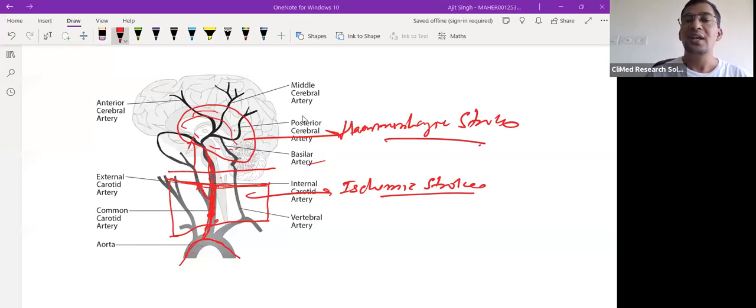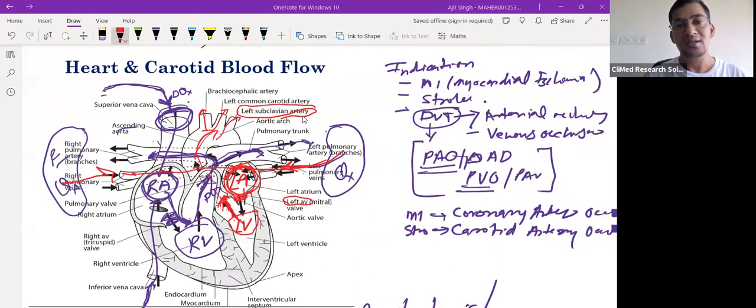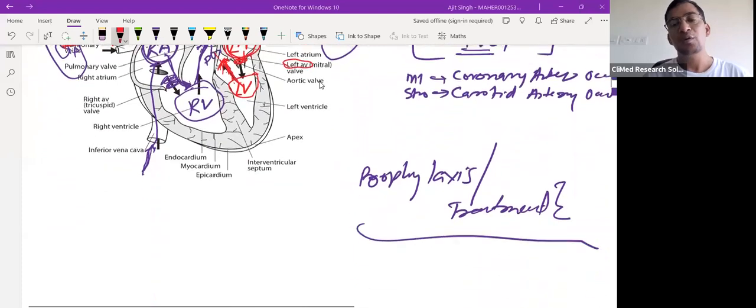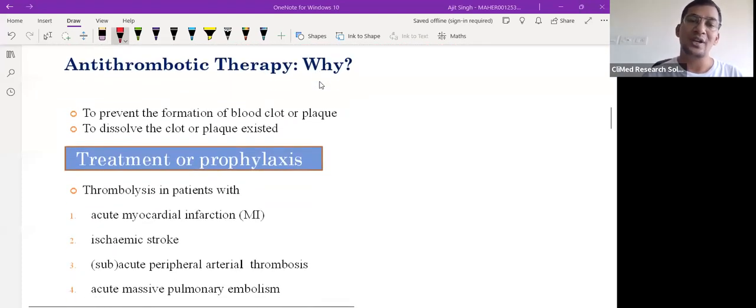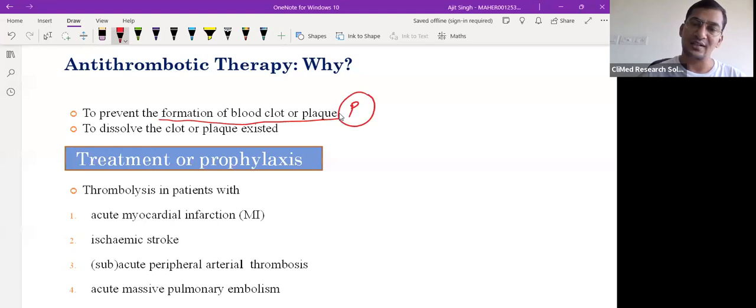So this is the carotid system, this is the heart system, and this is the usual blood flow to both, right? Now, when I was talking about antithrombotic therapy, we usually give it first of all as prophylaxis, and as a treatment as well. As you can see here, to prevent the formation of a blood clot or plaque, that is nothing but prophylactic management.